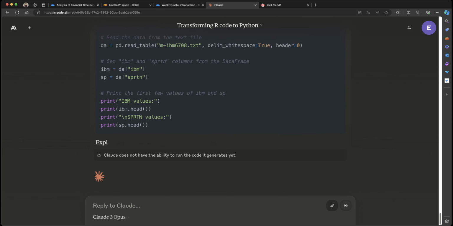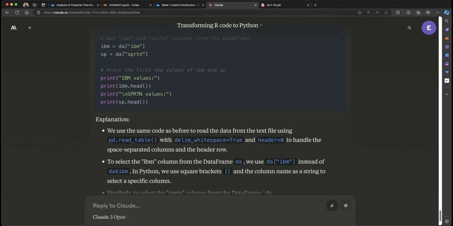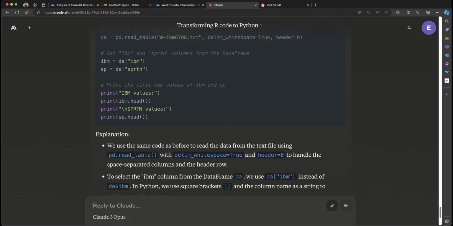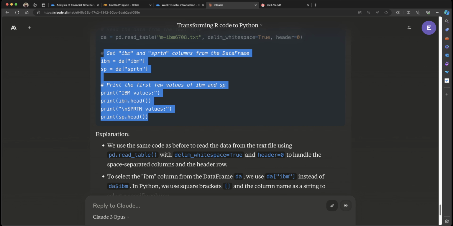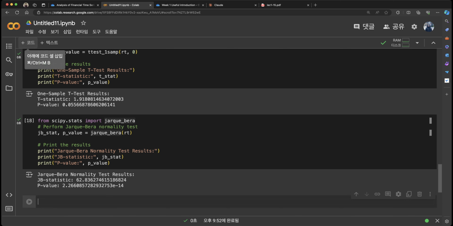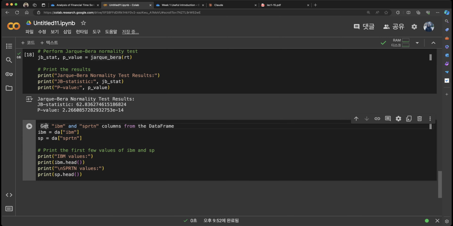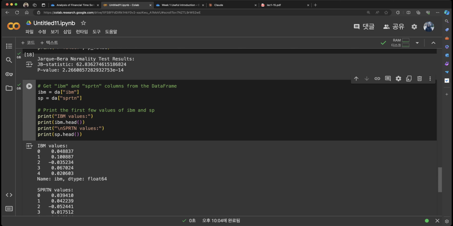We can copy only these two lines here, and then code. So IBM and then S&P 100.